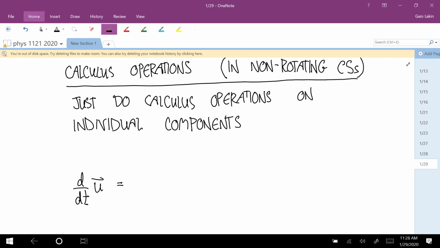So let's say that we have a vector u again that's A is the x component, B is the y component. Then to take the time derivative of that vector, you just take the time derivative of the x component, and that's the x component now of the derivative. And the y component is just the time derivative of the old y component.